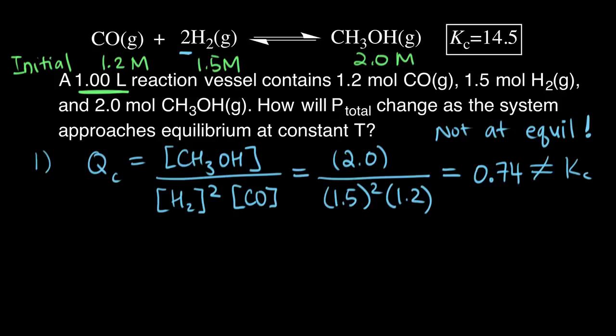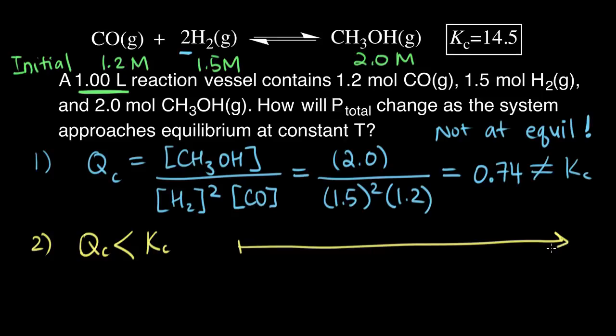The second thing we can do using the reaction quotient is figure out how the concentrations will change. Now that we know our reaction quotient Q, we know that Qc is less than K. We can visualize this on a number line.